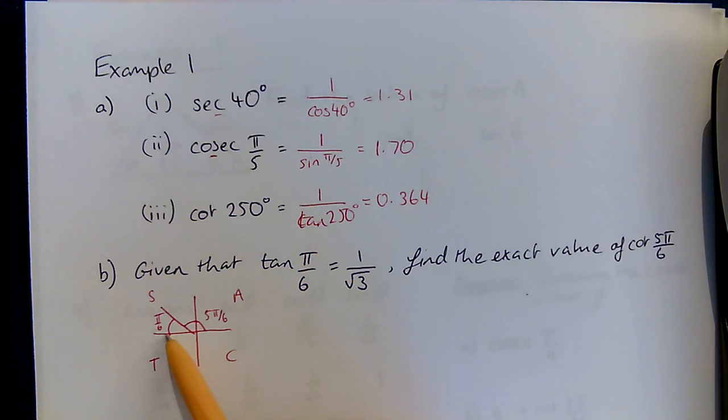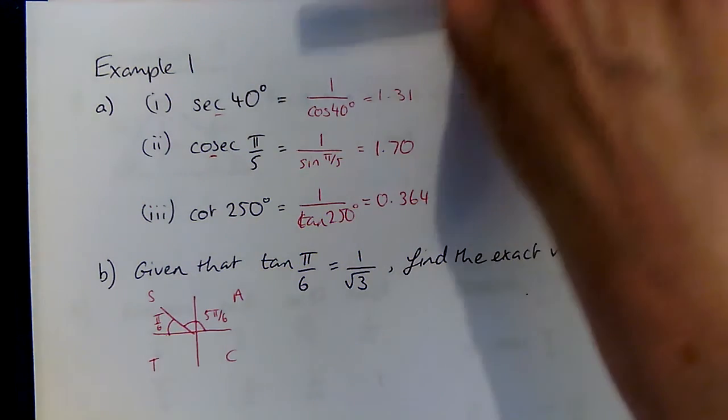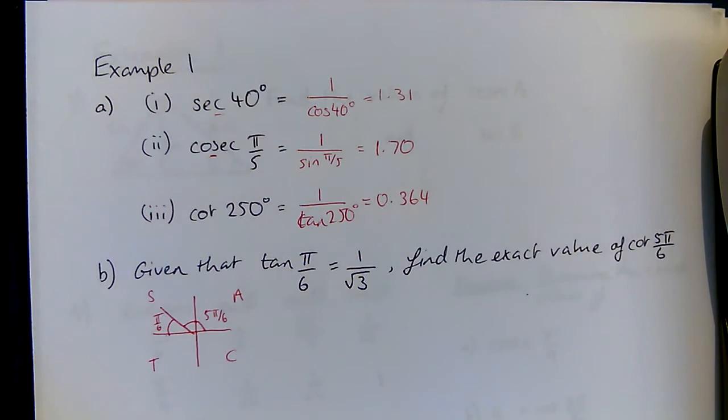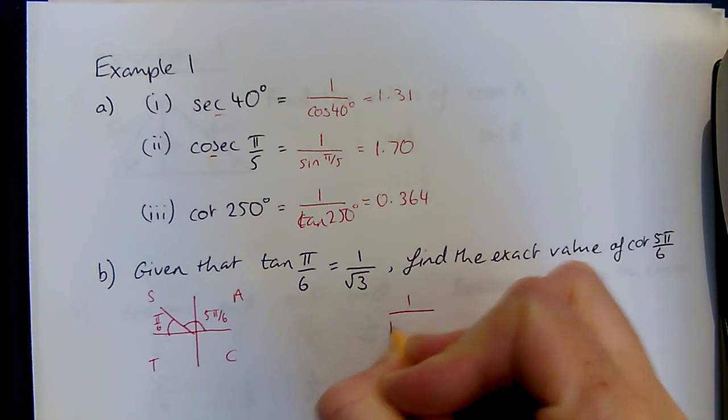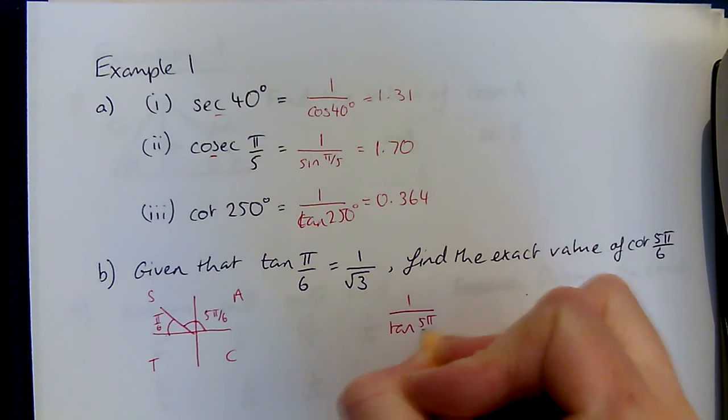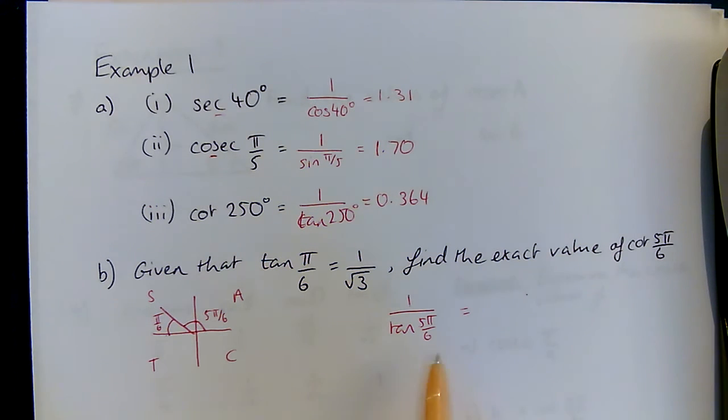So that means that cot of 5 pi over 6 is the same as 1 over tan 5 pi over 6, and we know that tan of 5 pi over 6 is going to be related to tan of pi over 6.